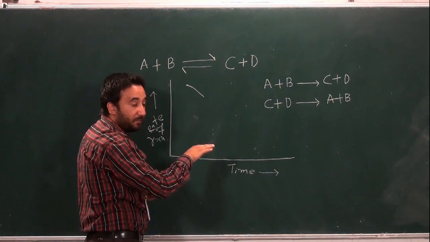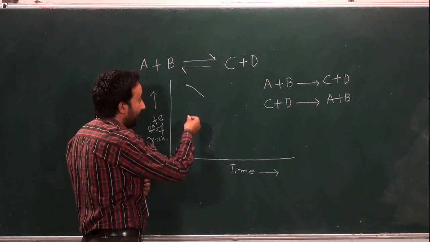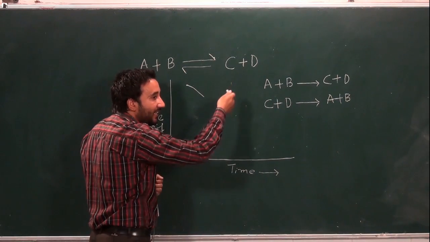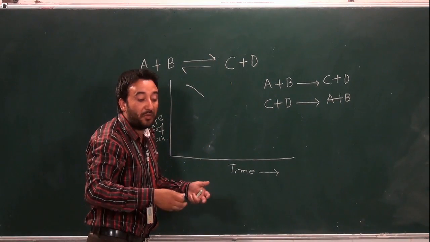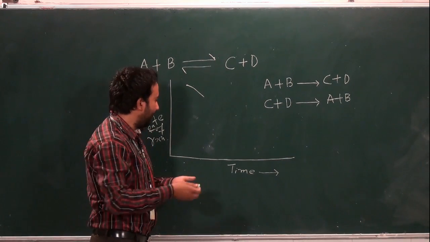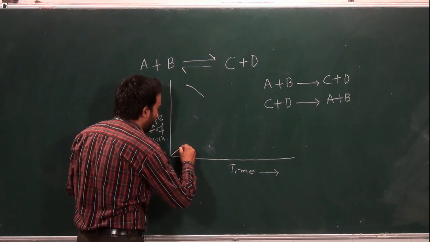With the passage of time, the concentration of A and B decreases, hence the rate of reaction decreases. But at the same time, C and D are formed more and more, they will react, and hence the rate of the backward reaction will start to increase.